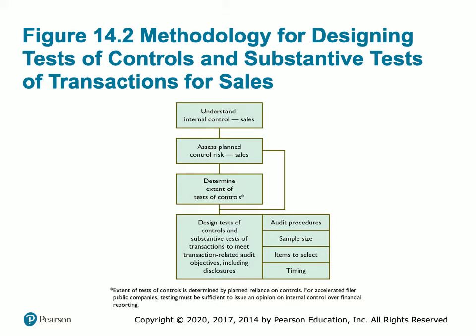So what you do when you're deciding how to audit sales and accounts receivable is you understand the internal controls first. A lot of times in a sales function, it's not going to be a small number of large transactions. It's probably going to be a large number of smaller transactions.